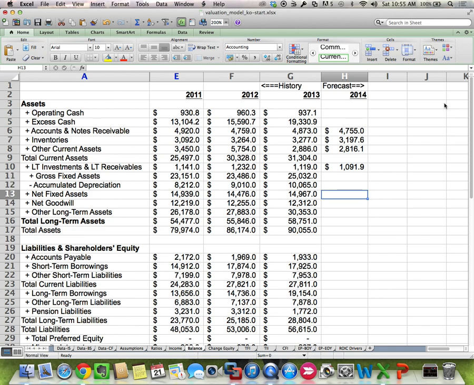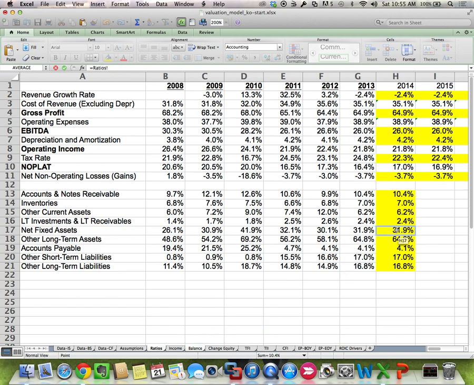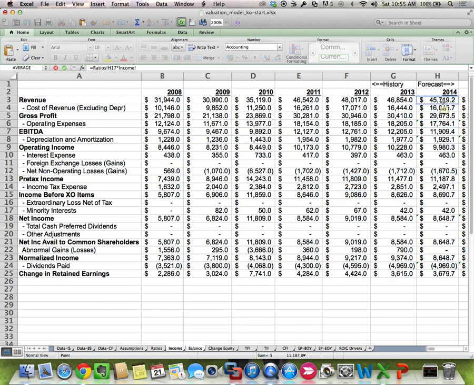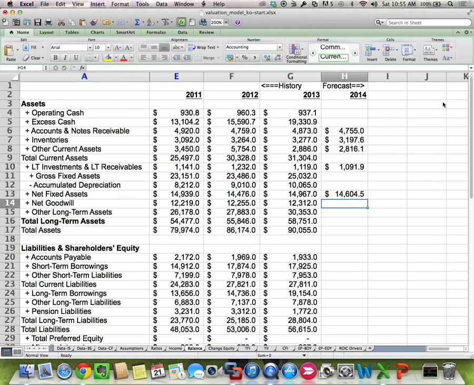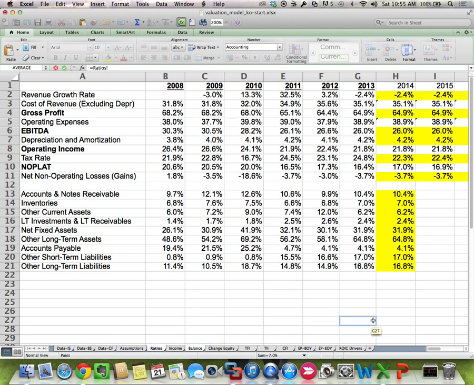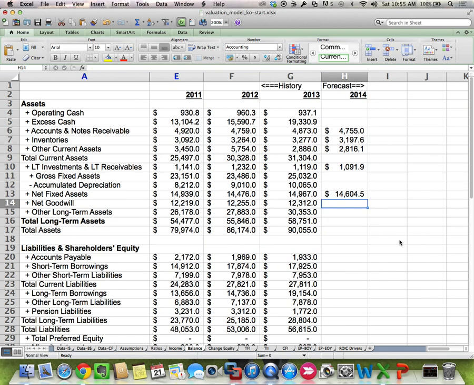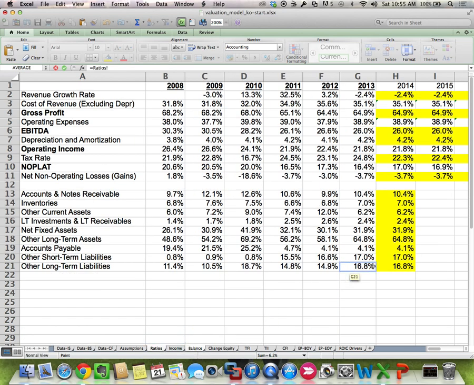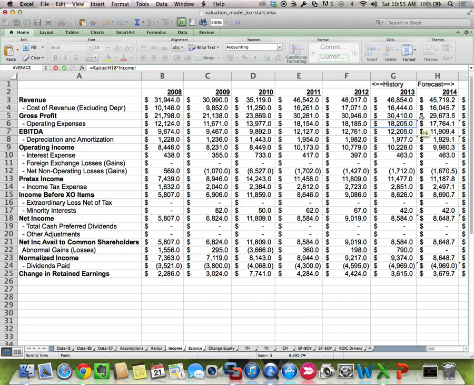Net fixed assets equals ratios, 2014 net fixed assets times income, 2014 revenue. Goodwill equals ratios 2014, actually no, sorry, I didn't do goodwill, other long-term assets equals ratios other long-term assets times income 2014 revenue.